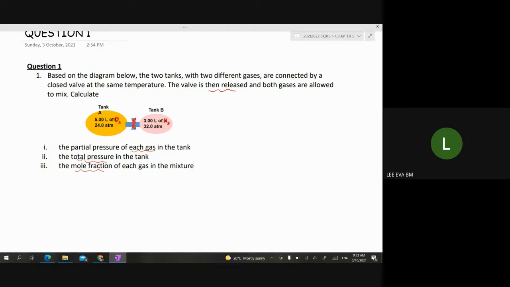So when I open the valve, what is your total volume now? Total volume. Any idea? 8 liters. 8 liters, right?